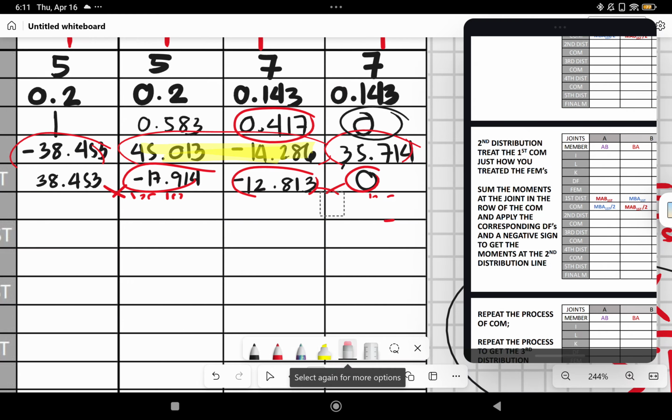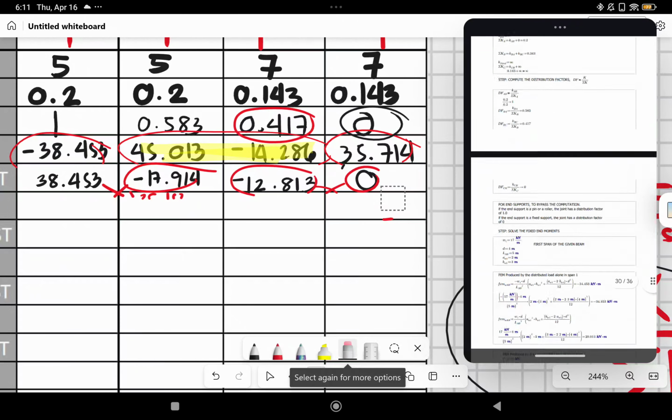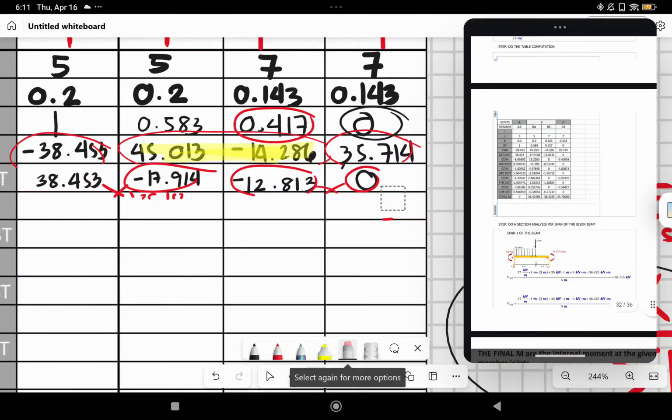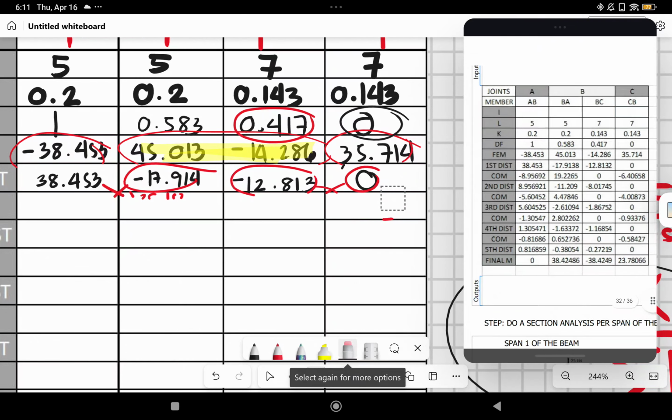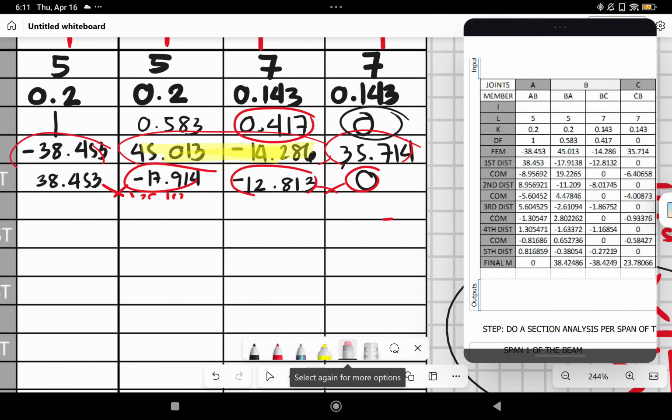Let me refer to what I already computed: that is negative 8.957.